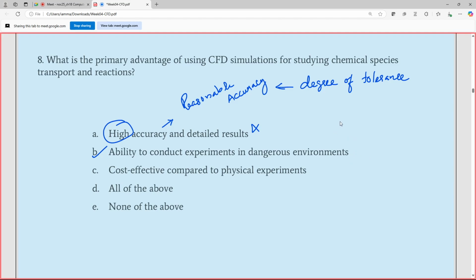Another important feature of CFD is that it gives a safe and clean environment for experiments. That's why CFD is also called a numerical experiment. So the answer is option B, ability to conduct experiments in dangerous environments, which, if you do physical experiments, may become unsafe or costly.